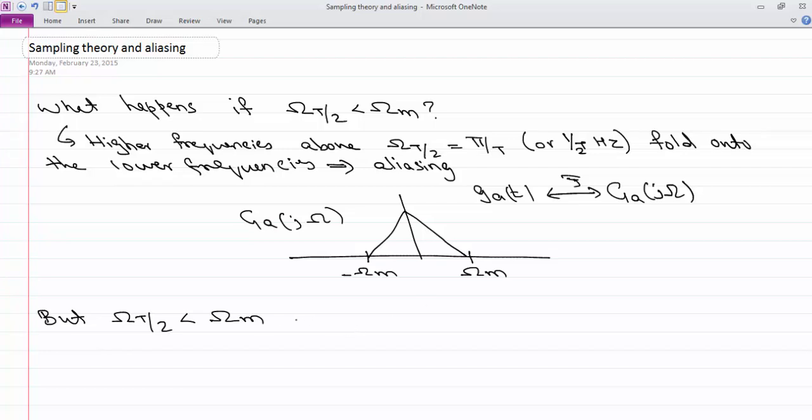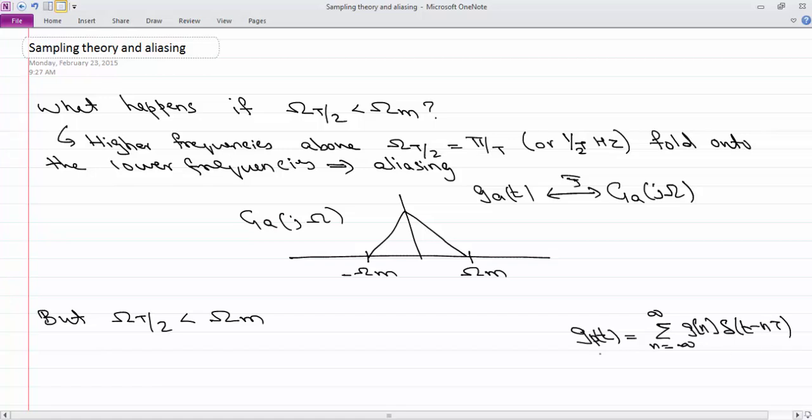So if I sample it with a frequency that doesn't satisfy the Nyquist criterion, then we always want to take a look at this impulse sampled signal Gp of t, which is simply the sum over n from minus infinity to infinity of g of n delta of t minus nt, and we want to take a look at its Fourier transform, because the frequency domain will give us the right information that we are interested in.